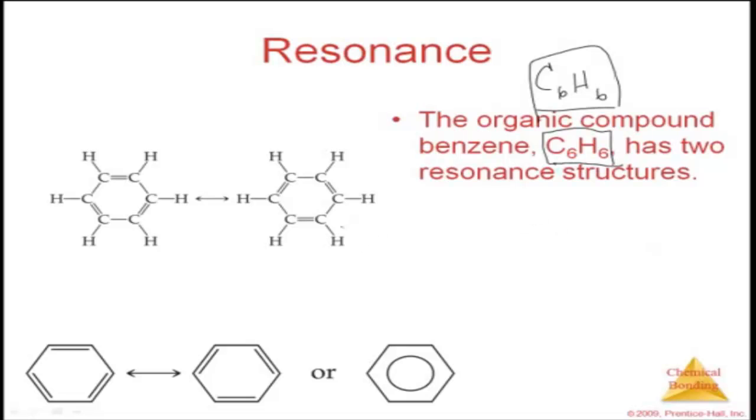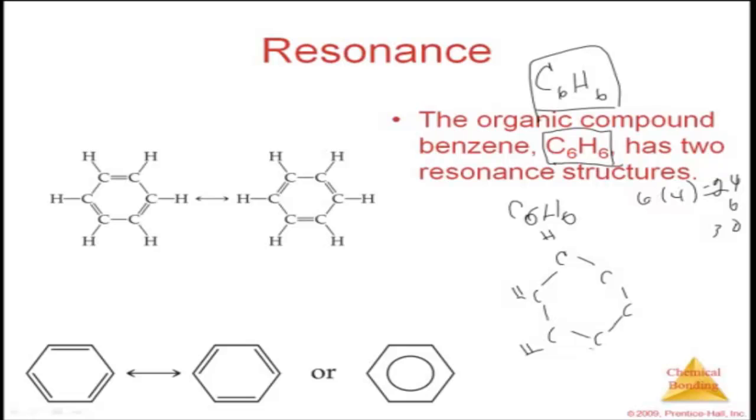But the structure is C6H6, and if you build that, what you'll find is that we have 6 times 4 is 24, plus 6 is 30. Each of these has a hydrogen on the outside. 1, 2, 3, 4, 5, 6, and I don't have enough electrons to give all these carbons a full octet, so what I end up needing is 3 double bonds. So it alternates double bonds.